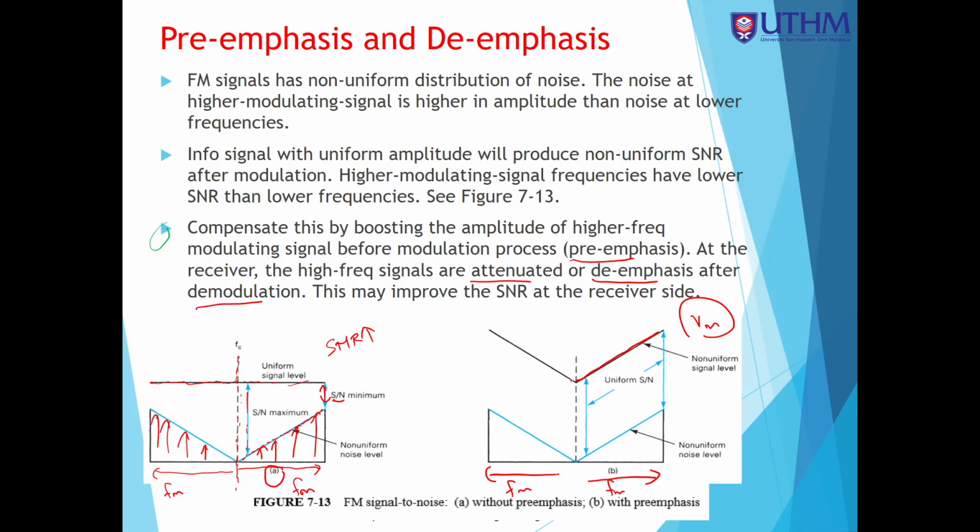So we increase the amplitude of the input signal to produce a better SNR at the output. And if you see from here, compared to the lower value of Fm, at the higher modulating signal frequency we can get a higher SNR than previously.